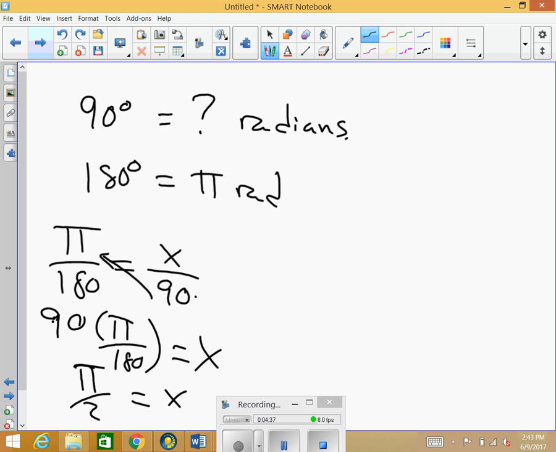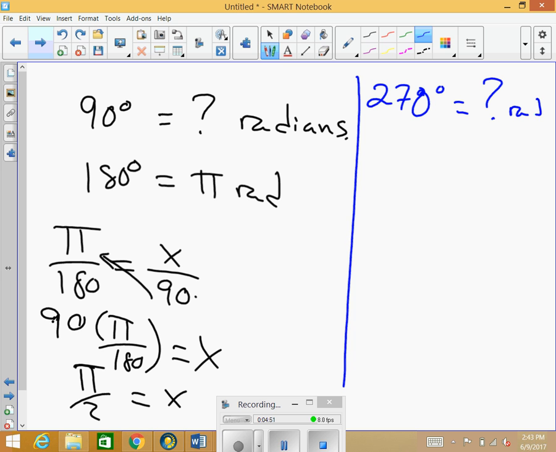Or if I give it something a little bit more complicated, like let's say 270 degrees. Oh, 270. How many radians is that? So let's see. First of all, we take pi over 180 is equal to whatever radians over 270.